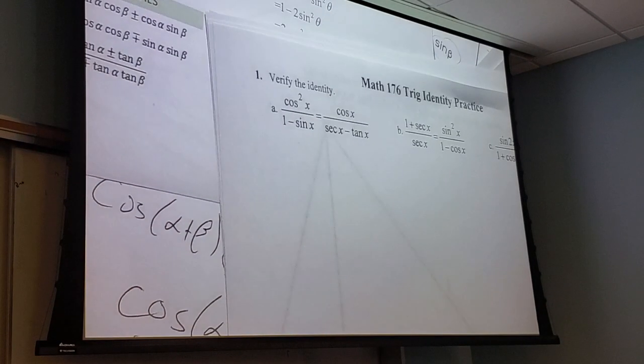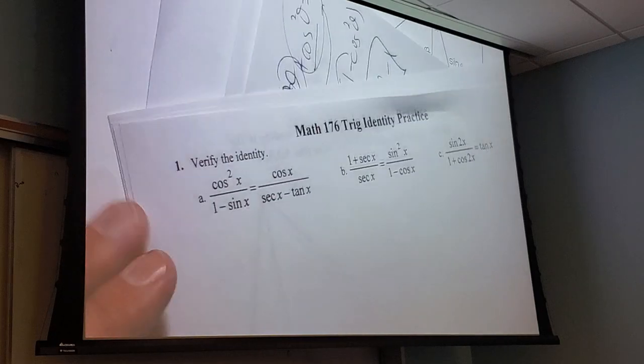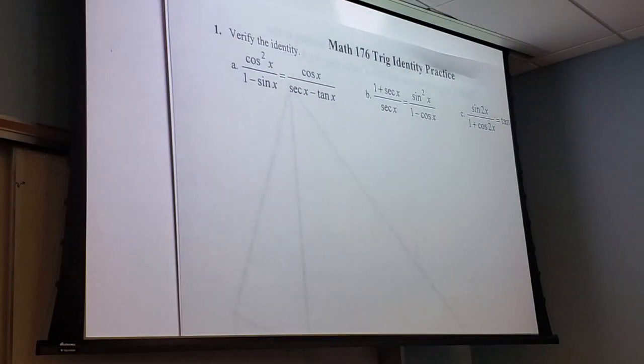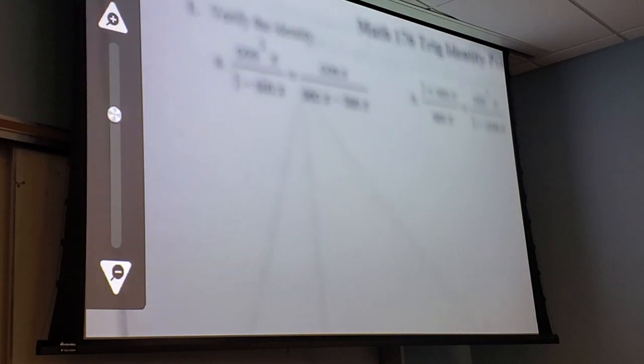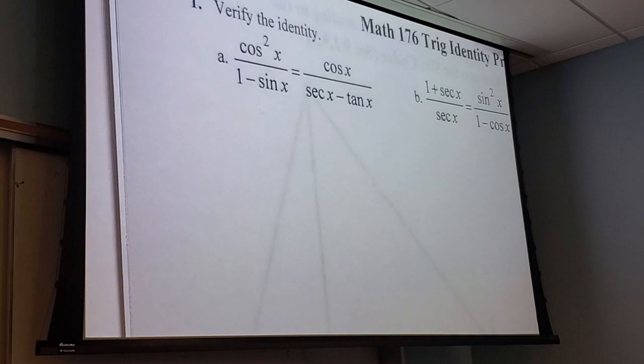Look at the first problem. Does anyone have a suggestion? So the idea is I am just using anything I can. Any identity I have, I'm going to try to use it. And the way identities work, you pick a side to start working on, and you start working on that. You with me?